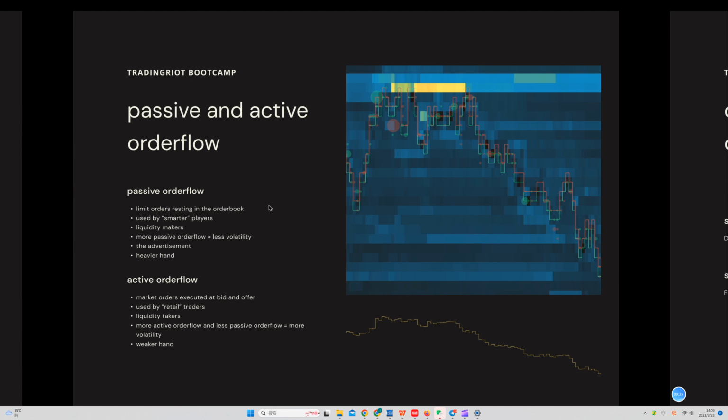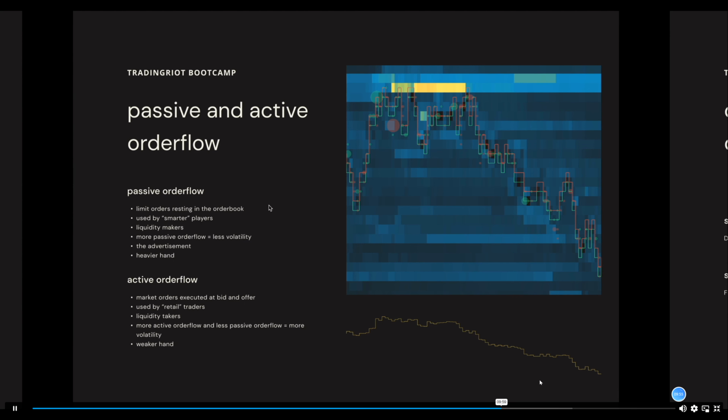They are liquidity makers, and the more passive order flow, the less volatility. We also covered this in the section about the markets. The passive order flow is the advertisement, so they can place limits into the order book without any intention of filling them, and they are usually the heavier hand.